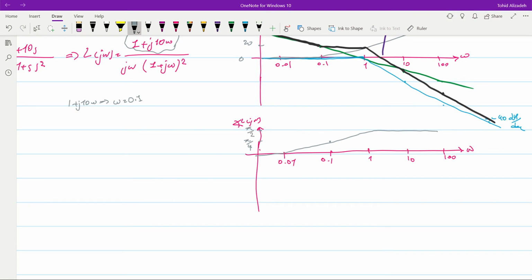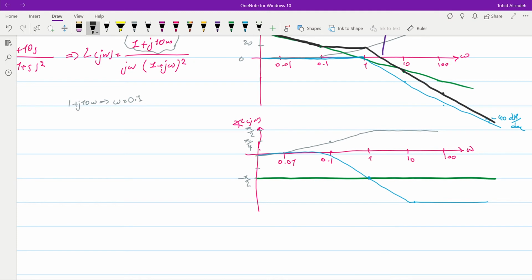For the pole at the origin, we will have minus pi over 2 all the time. And for the two poles at omega equal to 1, we will have minus pi over 2 at omega equal to 1 and minus pi at the end. So this will be the phase that we get for those two.